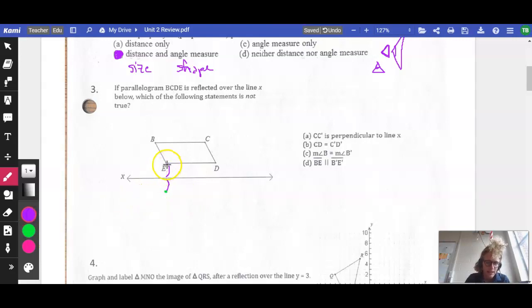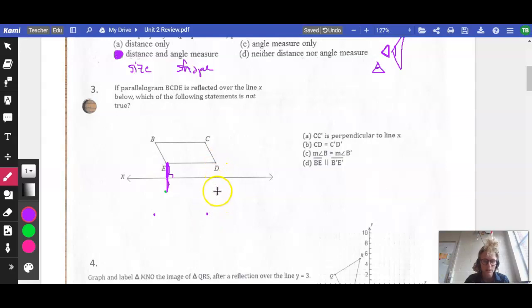If I draw a segment between E and E prime, I will see that it is in fact being bisected by that line of reflection, and it's perpendicular. And I can do that for all of my points. I have to go roughly this far for B, so roughly this far for B prime. I have to go this far for C, roughly this far for C prime.